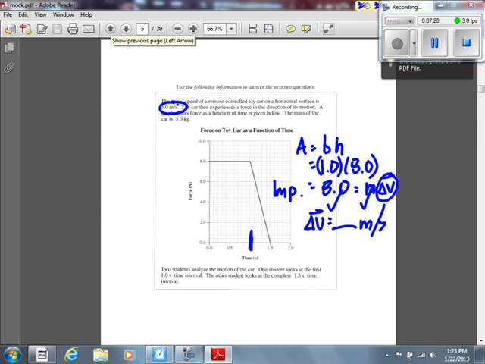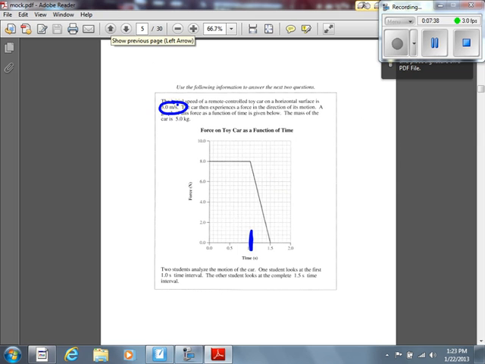Now question 3 says the magnitude of the impulse of the toy car during the 1.5 second time interval. We're going to use the entire graph for this. Funny enough, question 3 is actually easier, I think, than question number 2, because we don't have to do anything with the mass there. All we're going to say is area is equal to impulse, but the one trick with this one is that we've got to find two areas, area 1 and area 2.